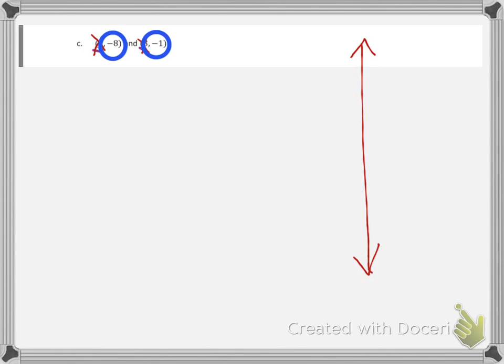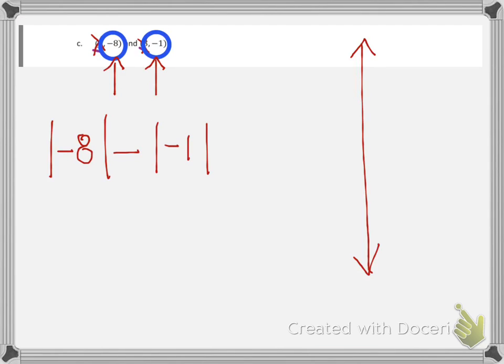And then I need to determine distance. Well, notice that these two have negative values. So we said in class, if your values have the same sign, either they're both negative or they're both positive, we're going to subtract absolute values. So I'm going to take the absolute value of -8 minus the absolute value of -1.